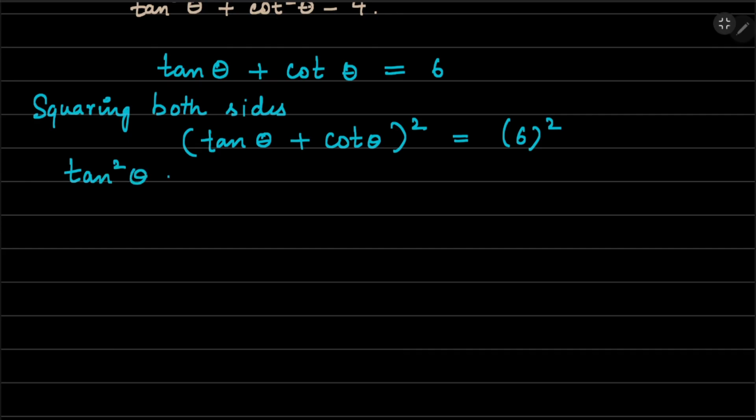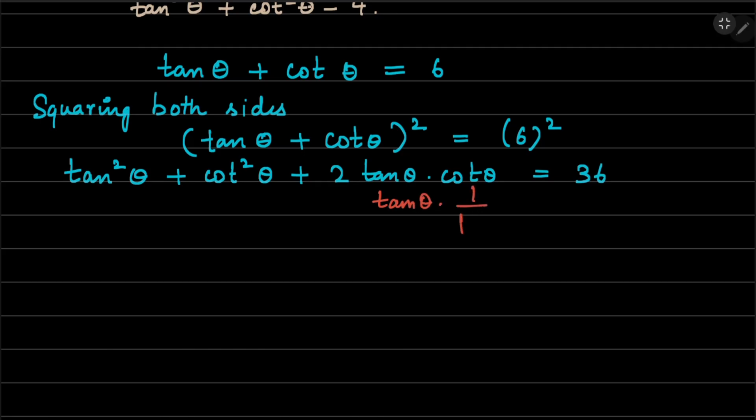So tan square theta plus cot square theta plus 2 tan theta into cot theta is equal to 36. Right. So again, here also you will have tan theta multiplied by 1 over tan theta. Okay, so it will get cancelled. It's 1. So 1 into 2 is 2.